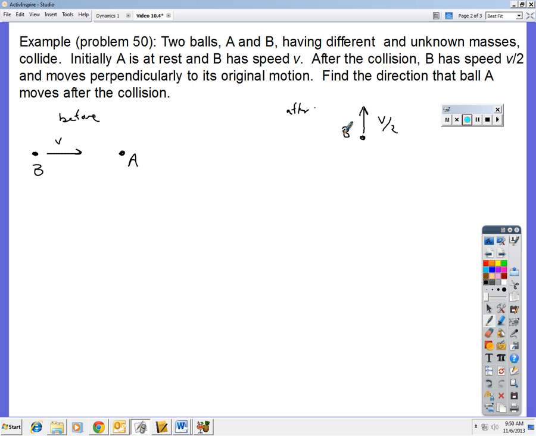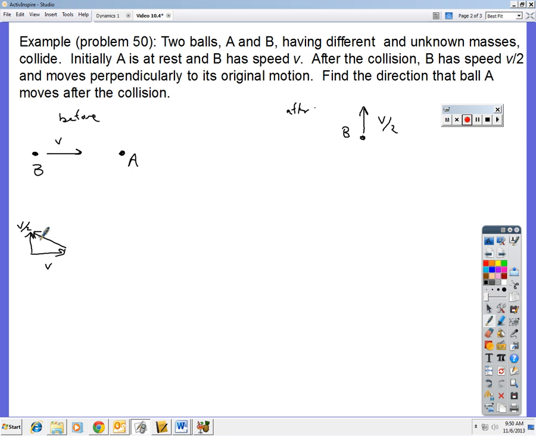Now if we think about conservation of momentum, we want to find the direction that ball A moves after the collision. The question is, which way does A go? The change in B's momentum: there's B's initial velocity, and there's the final velocity.